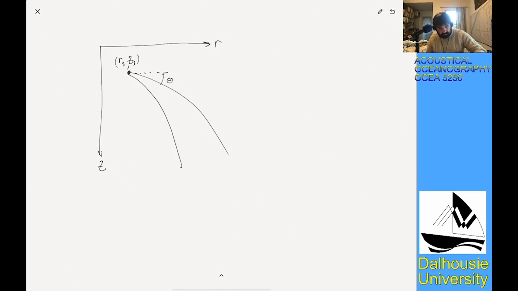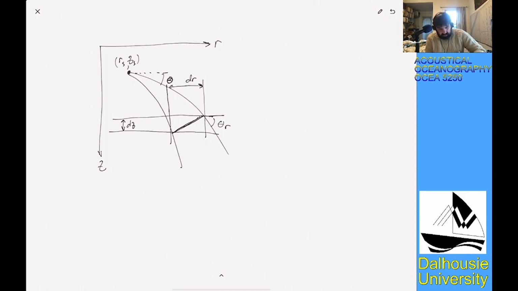Now let's draw the line perpendicular to the propagation, and let's look at what has happened to the width of it. So we have some dz here, we have some dr here, we have the initial angle, and now we have theta_r, the new angle of declination.